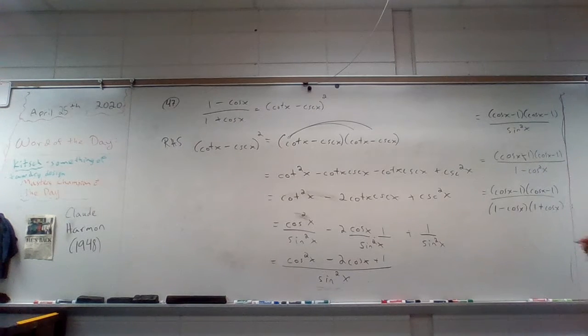So what would have to happen is I would have to pull out a negative from one of these. So maybe I pull this first factor out, and if I pull a negative 1 out of this cosine minus 1, it would become 1 minus cosine like that. I would get this.